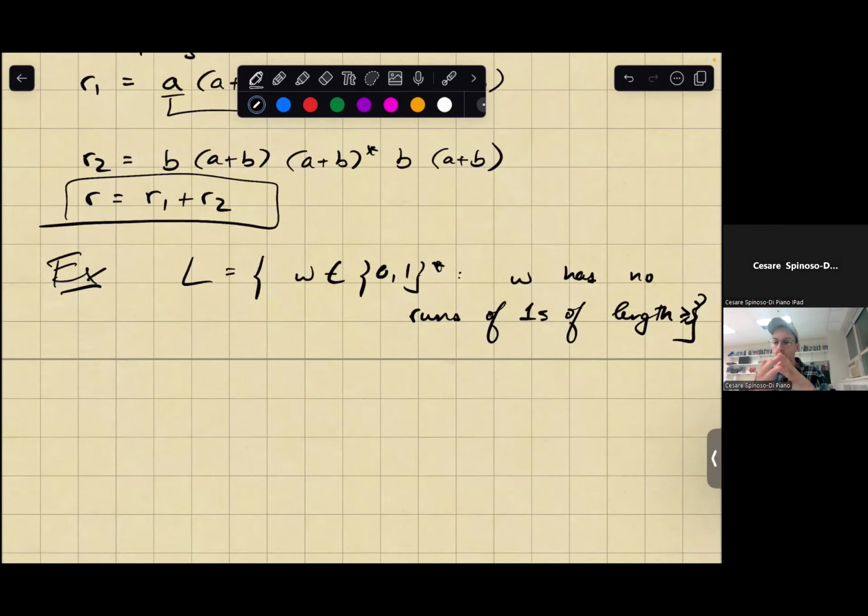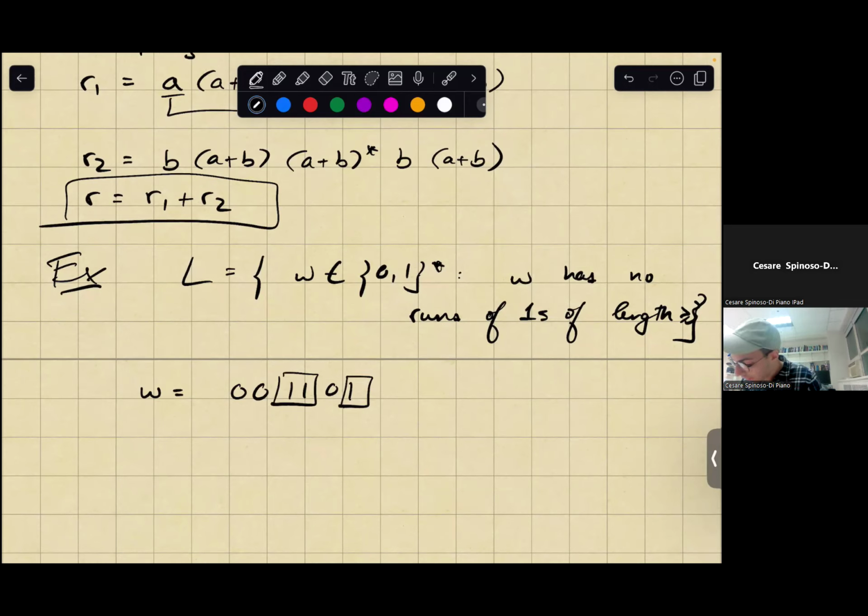A run of ones is just a sequence of contiguous ones. So for instance, if I have W as 1, 0, 0, 1, 1, 0, 1, then I have a run of ones of length 2, this one, and a run of ones of length 1, this one. So what L is saying is that L contains all the strings over 0, 1, except for the ones that have runs of ones of length greater or equal to 3.